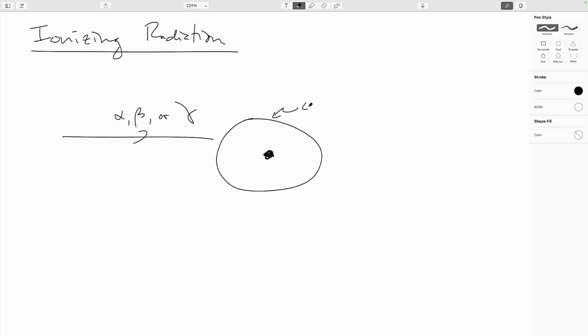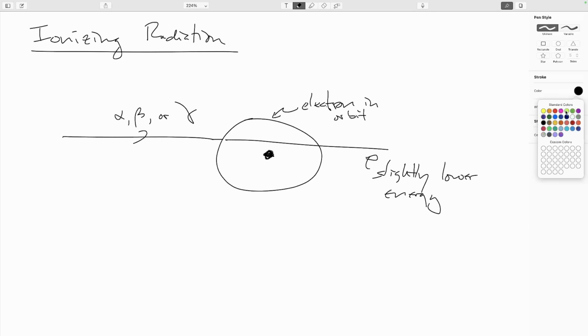So here we would have our electron in orbit. The collision will cause the particle to shoot through more or less undeflected, giving up some energy, but not much, because these particles are pretty energetic to begin with. It ends up with slightly lower energy, and what you end up with is an electron that gets ejected.